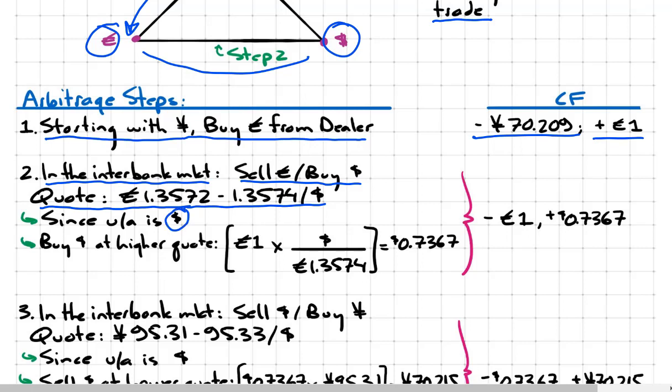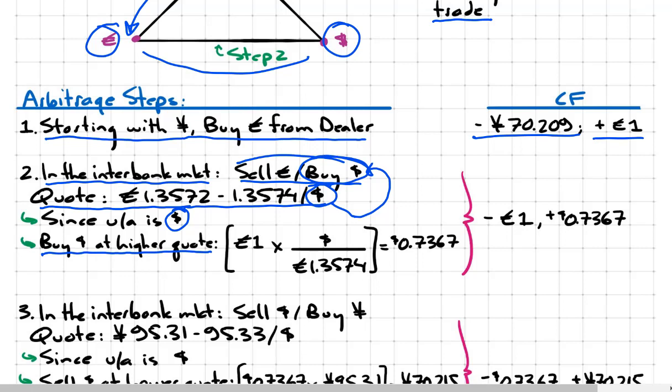So in this case, the underlying asset is the dollar. So even though we're saying that you're selling the euro and buying the dollar, you have to take the perspective of the underlying currency. So since it's the dollar, the way to view this transaction is we're buying the dollar. But if you're buying, you're going to pay the higher price. So you're going to buy the dollar at the higher quoted price. And there it is.